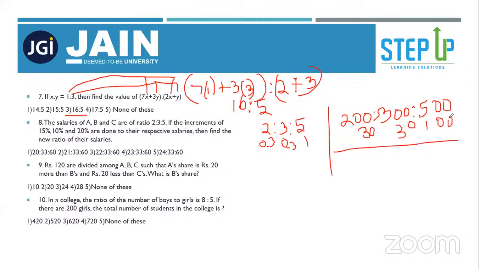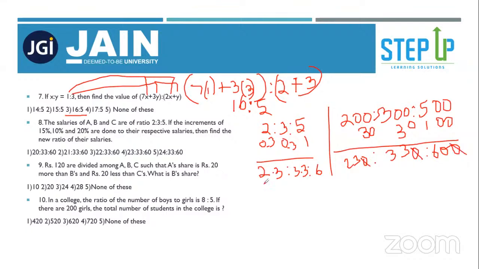Either method. So in this method, it is 2.3 is to 3.3 is to 6. In this method, it is 230 is to 330 is to 600. So simplifying the zeros, it is 23 is to 33 is to 60.